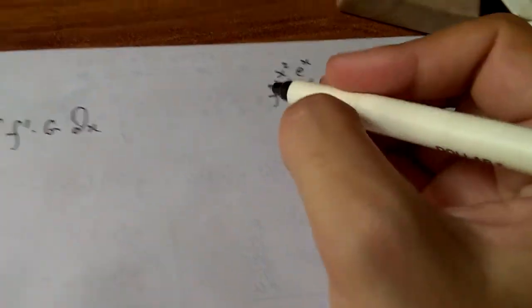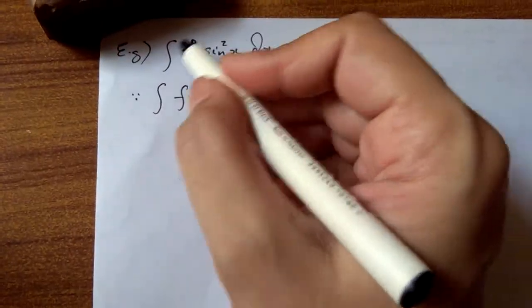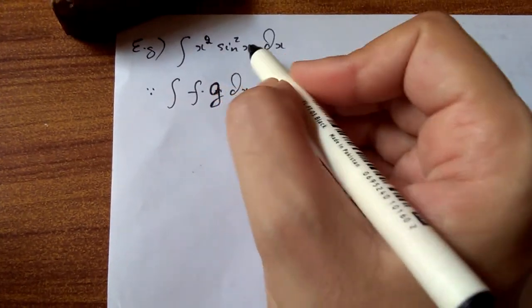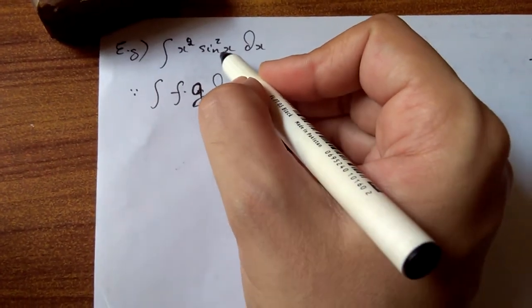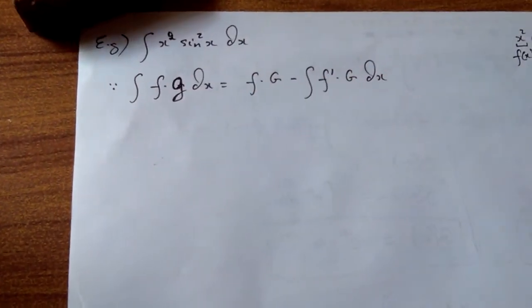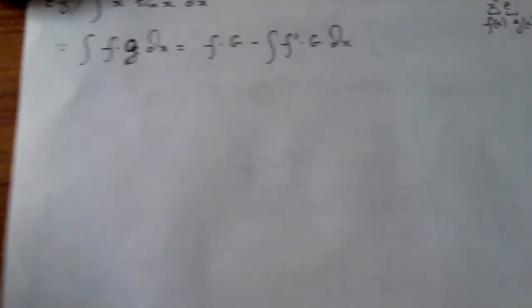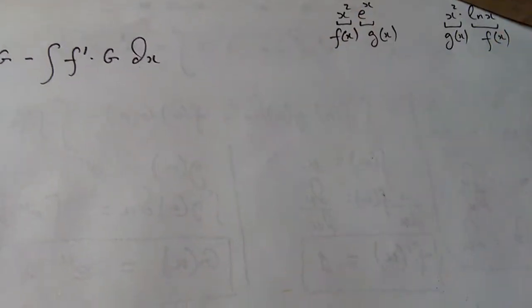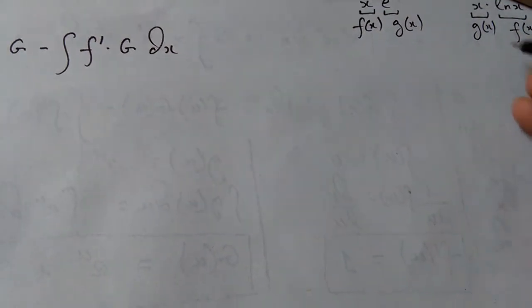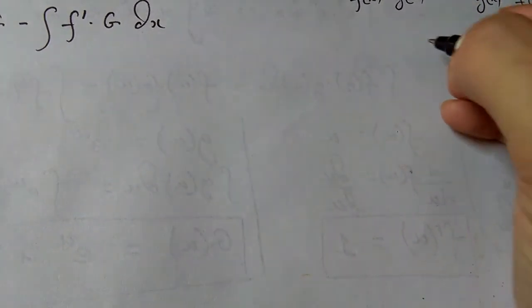Okay, and if you have a polynomial and a trigonometric function product, then always take the polynomial as your f of x and this one as your g of x. And one more thing, though it is quite understood, I think I should mention this as well.